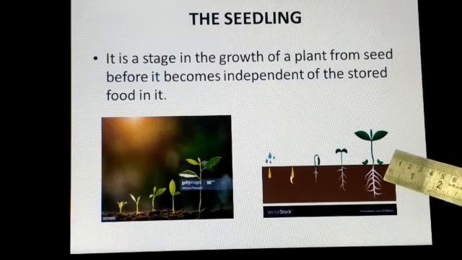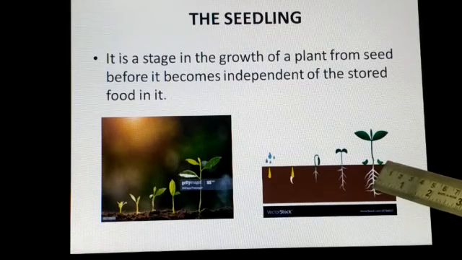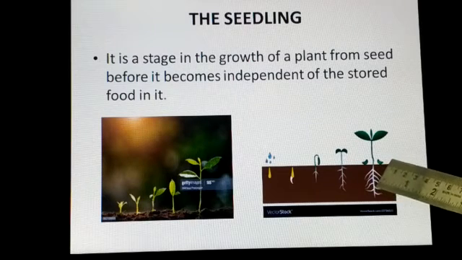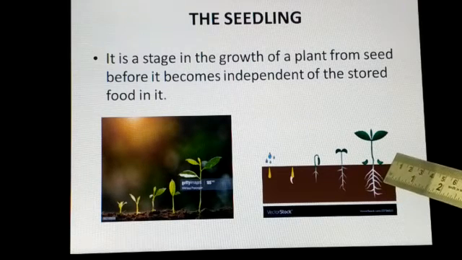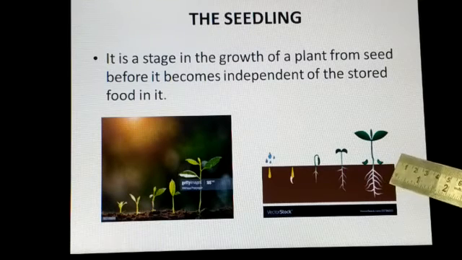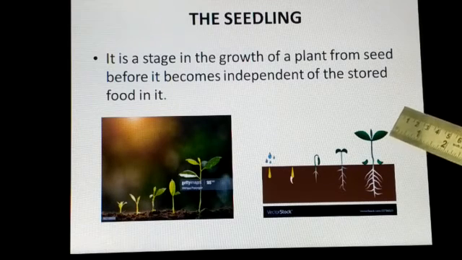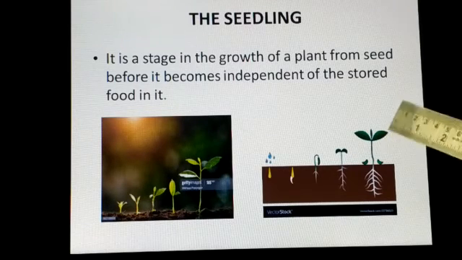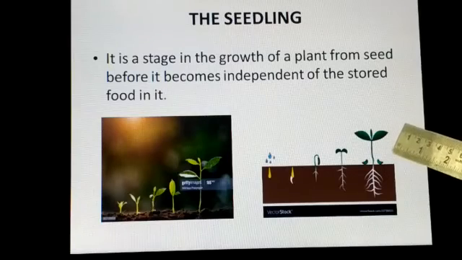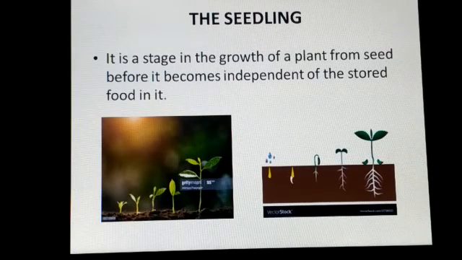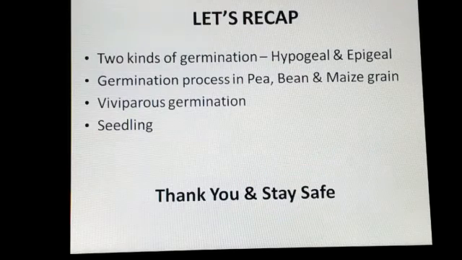Now the plant is independent. The cotyledons have fallen down. So no more stored food. Now the plant is itself absorbing water and minerals with the roots from soil, and the leaves are well grown to carry out the photosynthesis process. So thus this stage of the plant is called seedling, and it grows further to form a full-fledged plant.